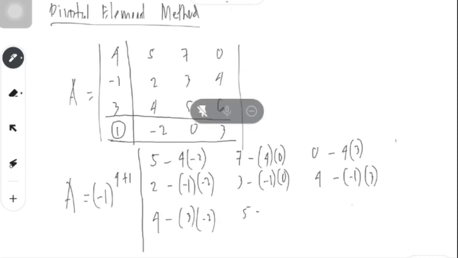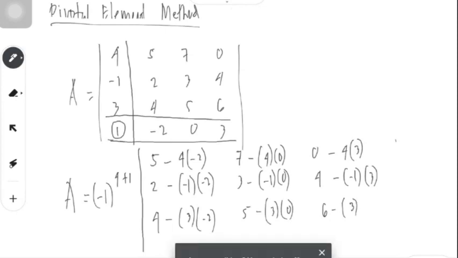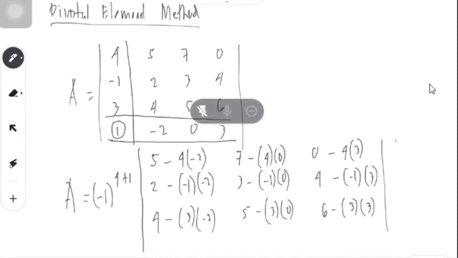Then you have here 5 minus 3 times 0. 0. Then the last one, we have there 6 minus 3 times 3. Di ba naging ano na lang? 3 by 3. So, ililipat ko.